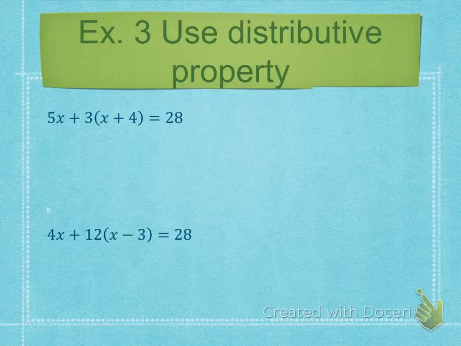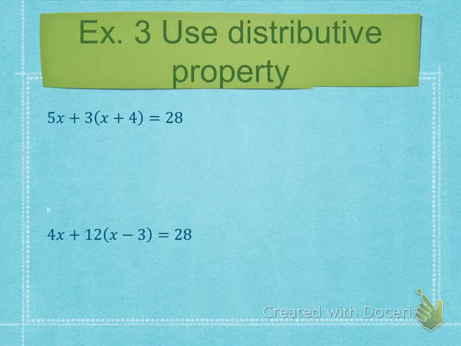Use distributive property. Okay. There is, like we said, that very first rule. Always combine like terms first. However, there is one trump card to that rule. And trump card means as soon as you see this, no matter what, it goes to first priority. It has to be done first. And that is the distributive property.